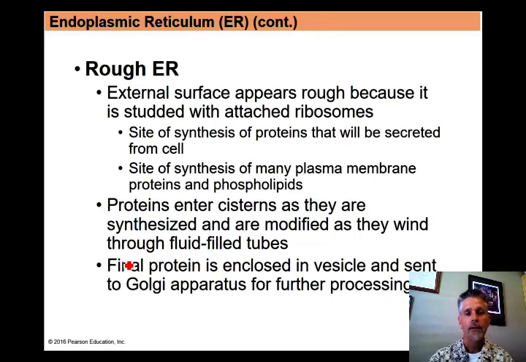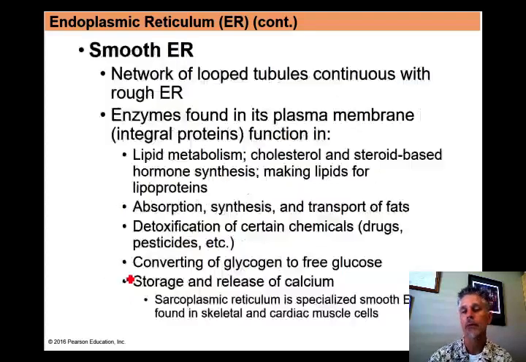They are produced in those ribosomes attached to the endoplasmic reticulum, and if they are going to be further processed, a lot of times for export, they're passed from the rough endoplasmic reticulum to the Golgi apparatus, another membranous organelle.